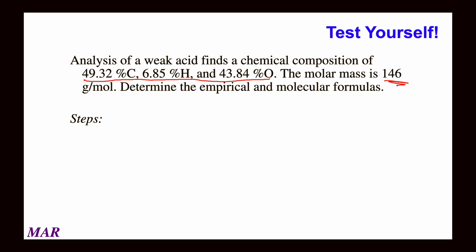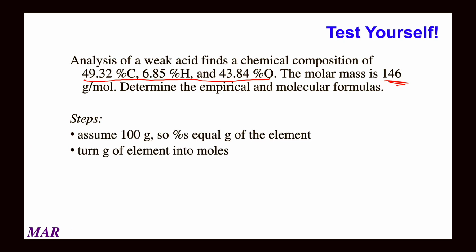No problem. We're going to combine the steps we just did. The first step will be to find the empirical formula. We'll take the percentages, turn them into grams if we have 100 grams, and then find moles and compare them to find the empirical formula. Then we'll take the empirical formula's molar mass, compare it to the 146, and we'll be able to find the molecular formula that way.